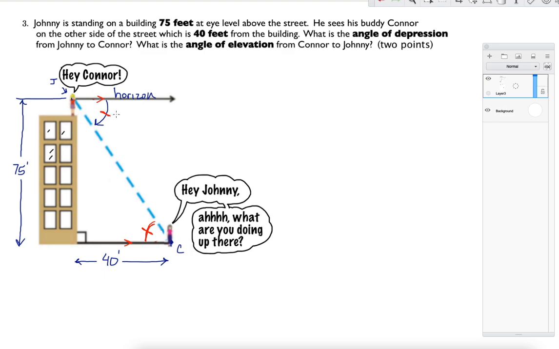They're congruent. So we know this leg opposite of the angle where Connor is, 75, and we know that this side of 40 is adjacent. So we should use the tangent function: tangent of the angle where Connor is, let's call that C, equals the opposite leg divided by the adjacent leg.